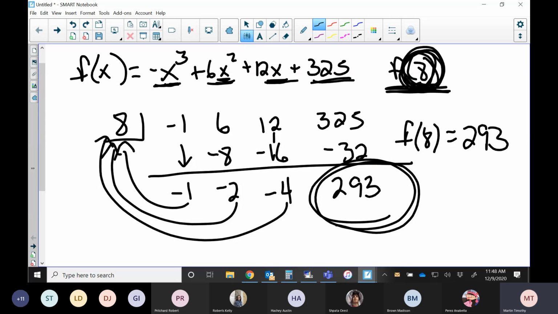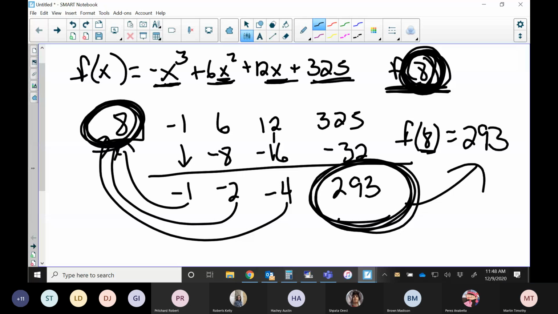It means instead of plugging the 8 in, you can use 8 as your number that you do the synthetic division with, and whatever your remainder is would be the same thing as if you had plugged in the 8. Does that make sense?